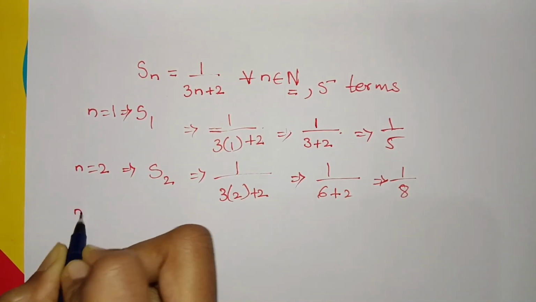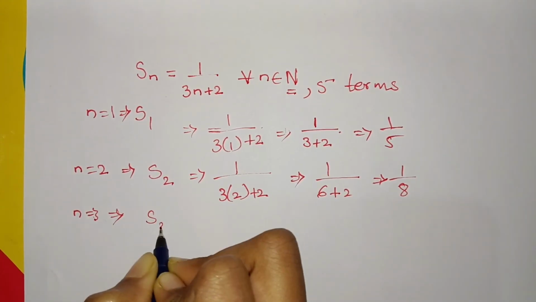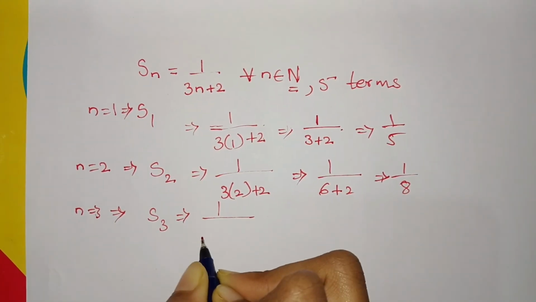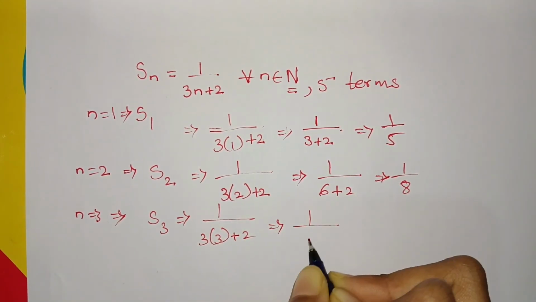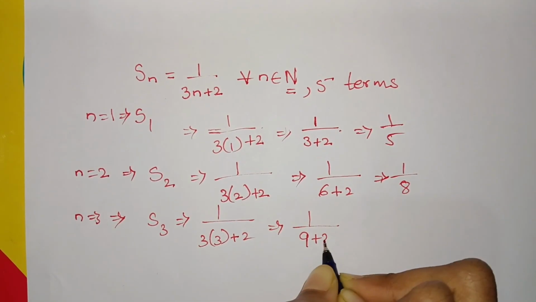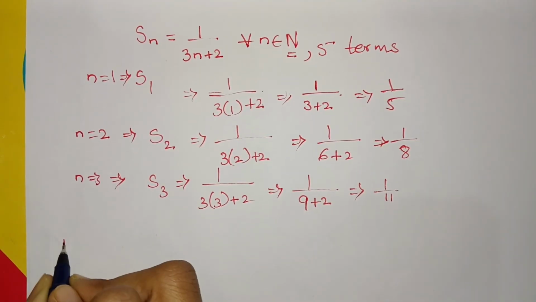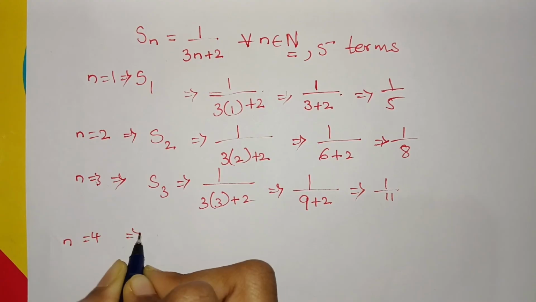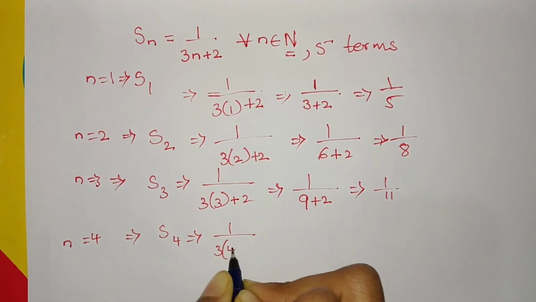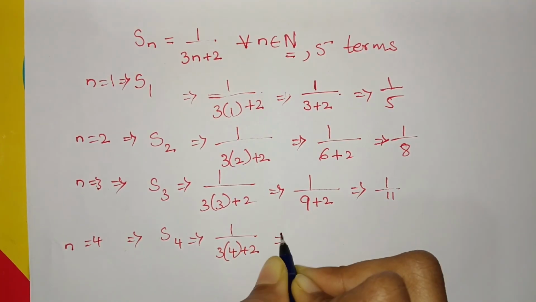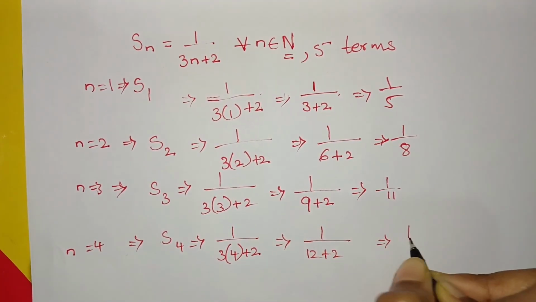And if n equal to 3, then S3 equals 1 by 3 threes are 9, plus 2, which is 1 by 11. And if n equal to 4, then S4 equals 1 by 3 fours are 12, plus 2, which is 1 by 14.